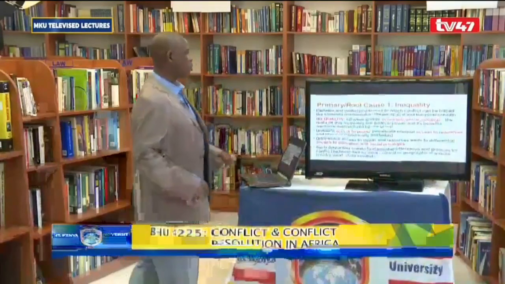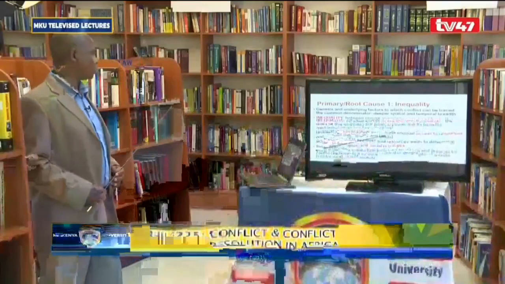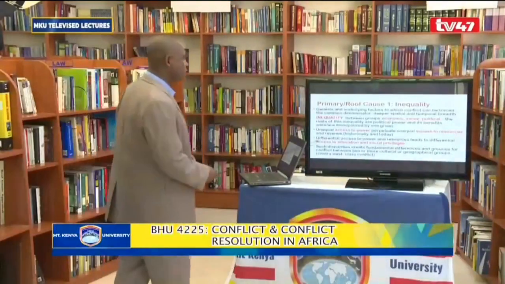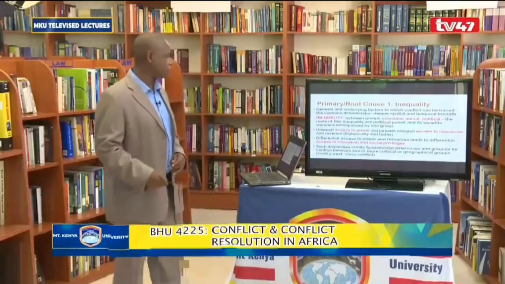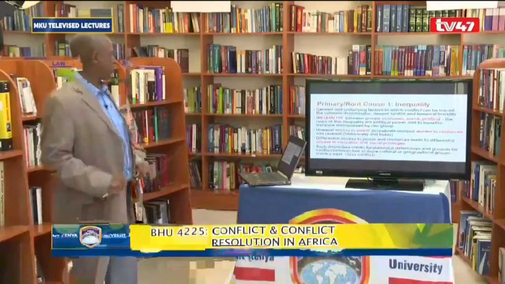People in power will have unequal access to resources, and unequal access to the revenues that are associated with those resources. Differential access to power and resources leads also to differential access to education and social privileges.